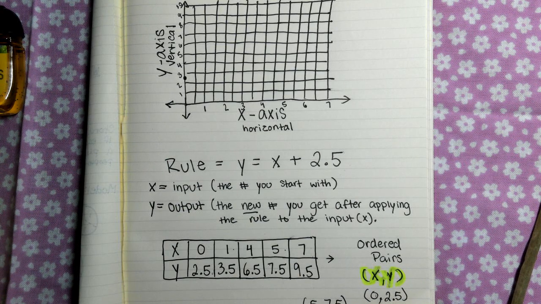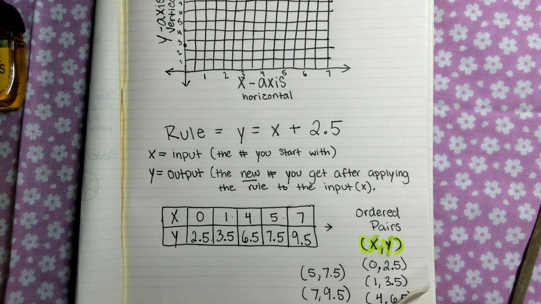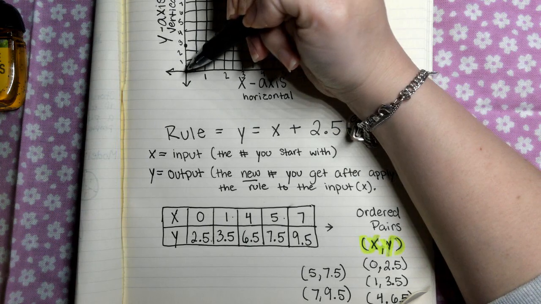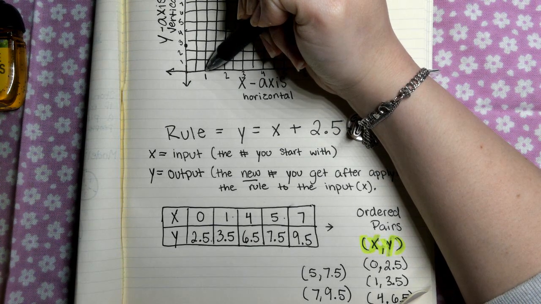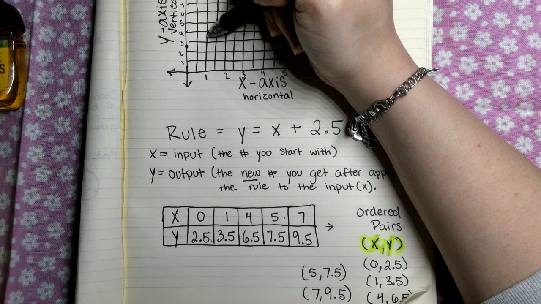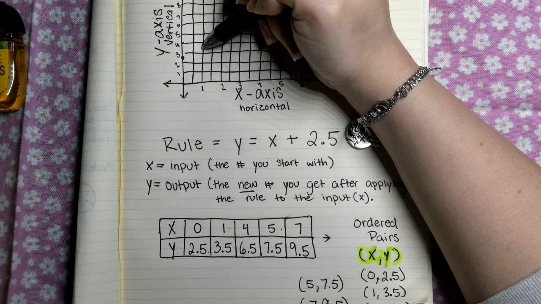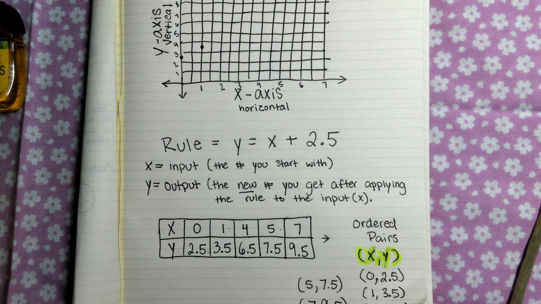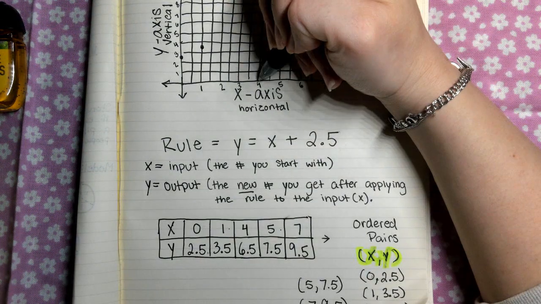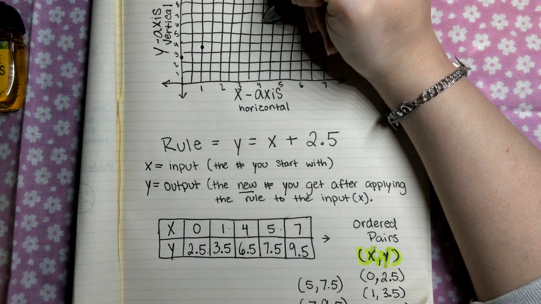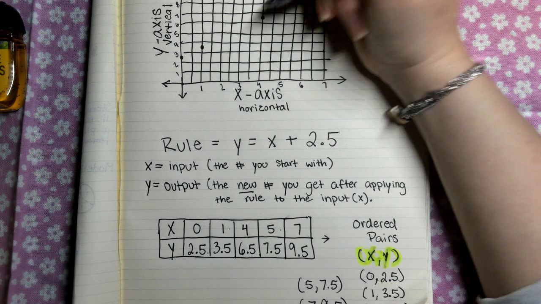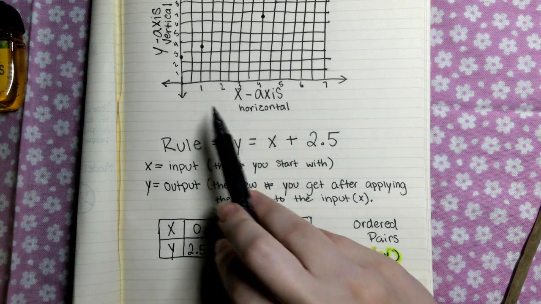Now the next data is, move down a little bit, 1, comma 3.5. So the x data is 1, we need to go over to one whole, up to 3.5. And we know 3.5 is going to be halfway between the 3 and the 4. I know you guys knew that, I just needed to remind you. Let's quickly just finish the rest. 4, comma 6.5, over to 4, up to 6.5, right there. See how this data is doing huge jumps?